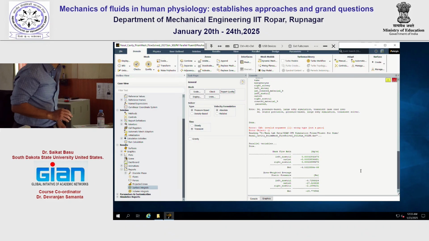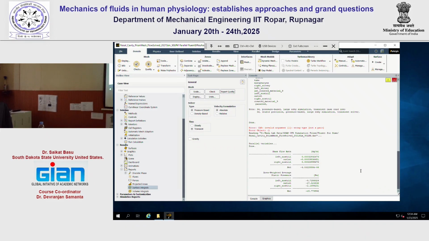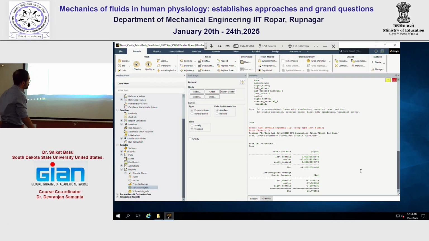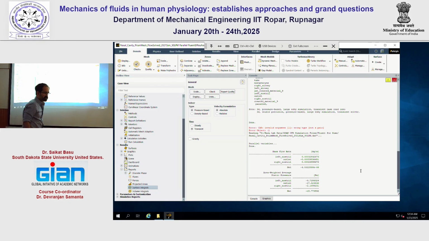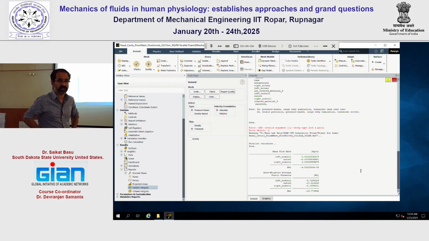Now these are the pressure drops. Again, there is asymmetry between the left and right sides, and the outlet is something like negative 27. Because we used targeting in our scheme, it did change from negative 50 pascals to something else.